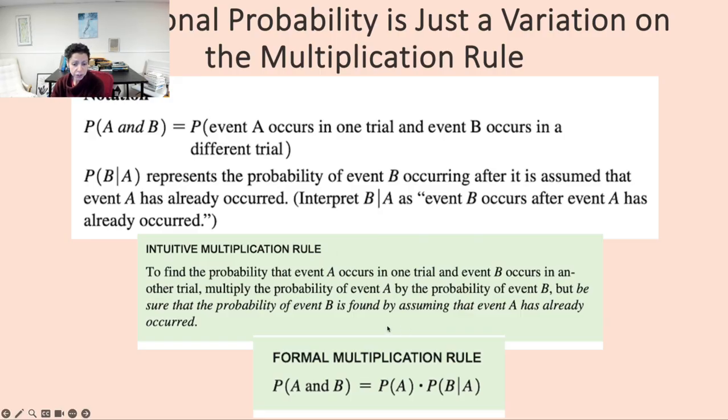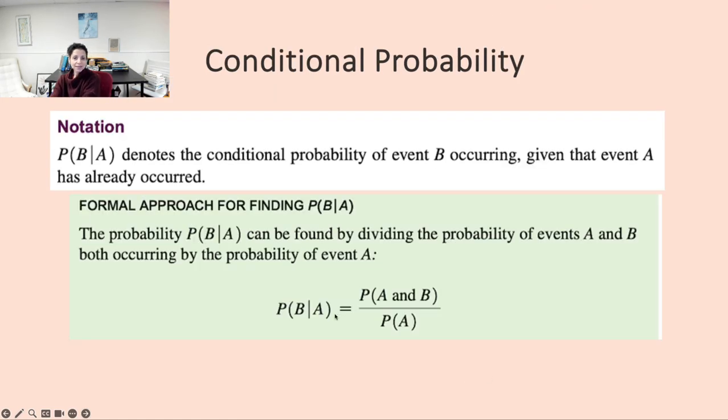Our multiplication rule for that was the probability of A and B is equal to the probability of A times the probability of B happening after A has already happened. So for our conditional probability, all we're doing is solving this equation for the probability of B given A, and that tells us it's the probability of A and B over the probability of A.